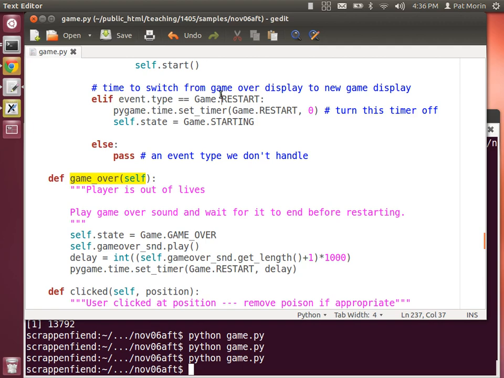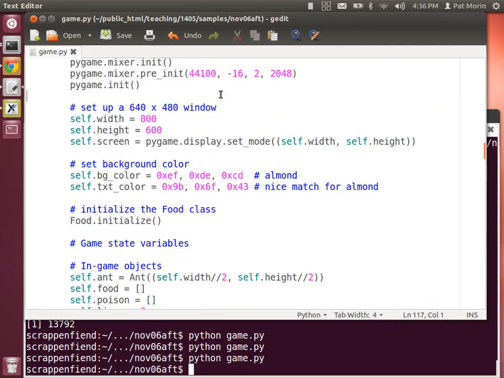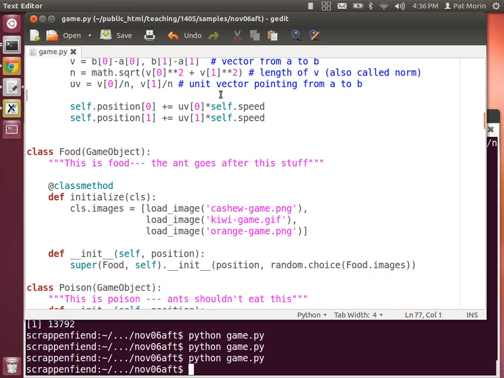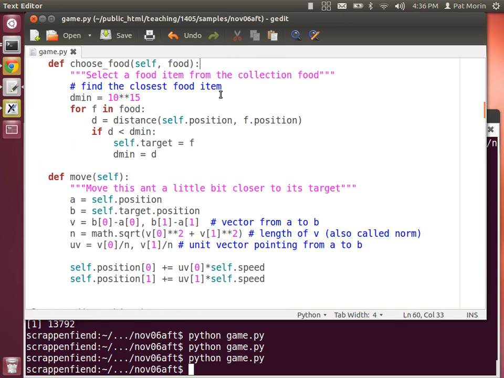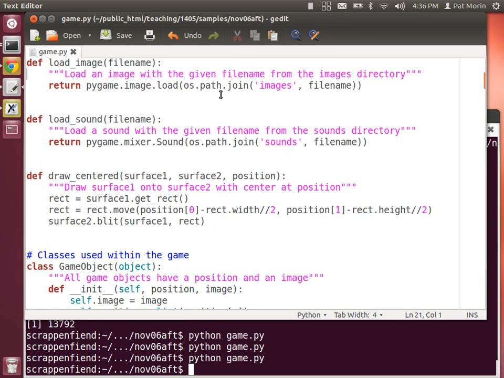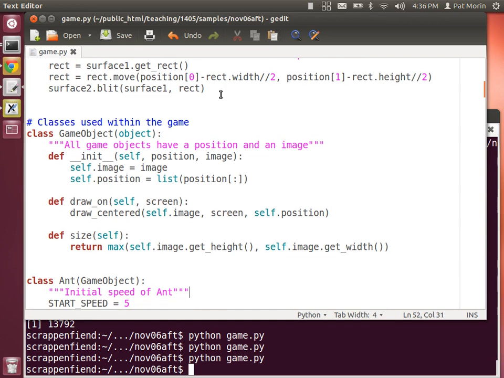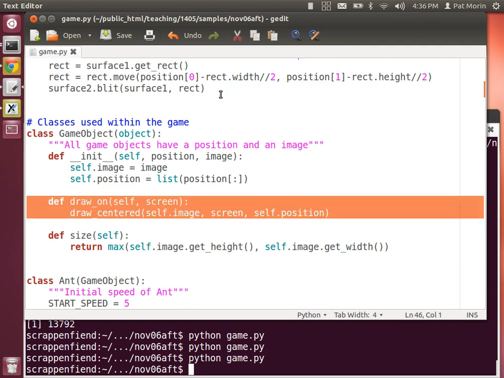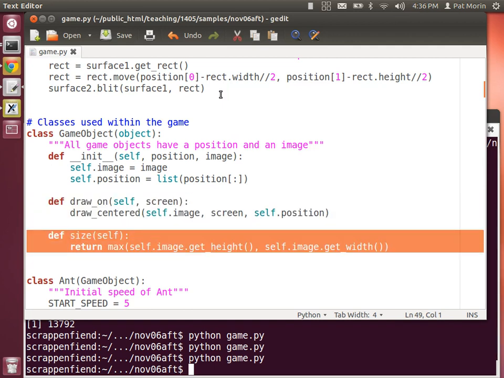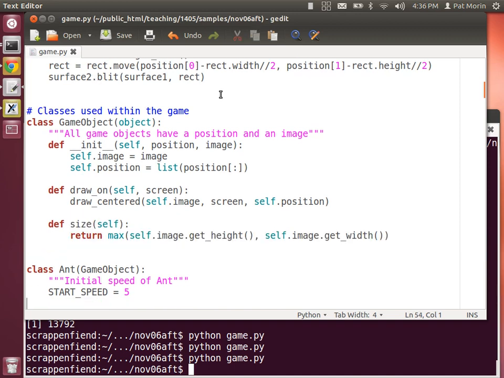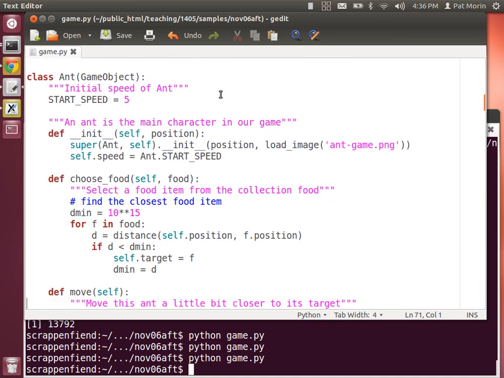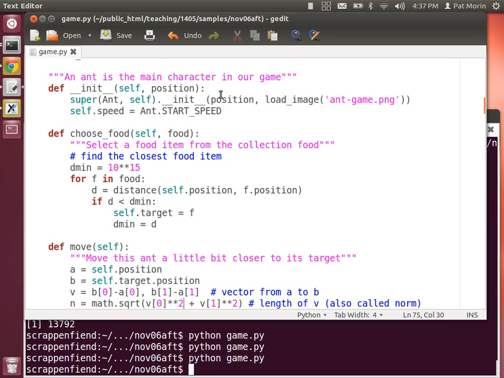So we have this ant, and we have a bunch of objects in our game. Ants, poison, food, and game object, which is this thing that's above all of them. So everything is a game object, and if you recall, game objects can do a few things. You initialize them, they can draw themselves onto a surface, and they can return their size. Now, ants can do a little bit more than that.